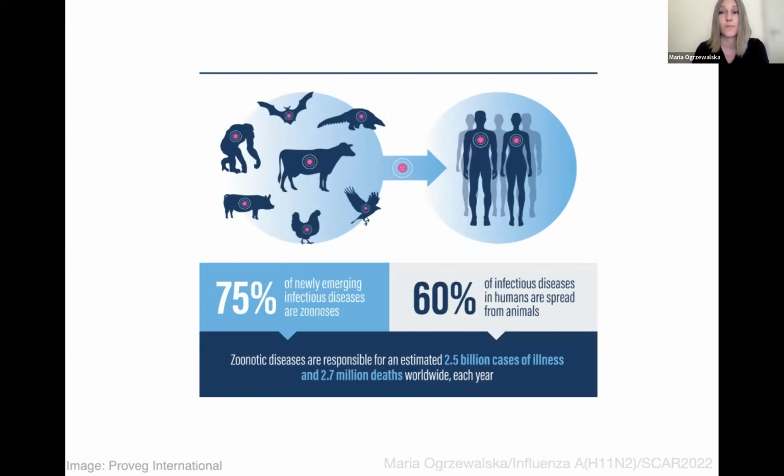Some come from wild animals, and 60% of infectious diseases come from animals. We have billions of cases of illness and deaths worldwide, as you can see in the ongoing SARS pandemic. And actually we are expecting that the next pandemic will be an influenza pandemic.